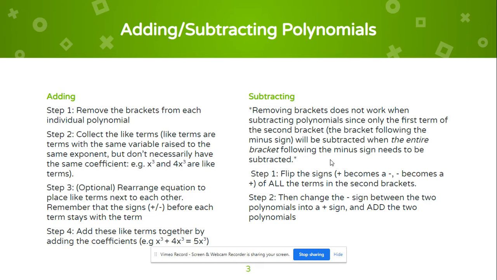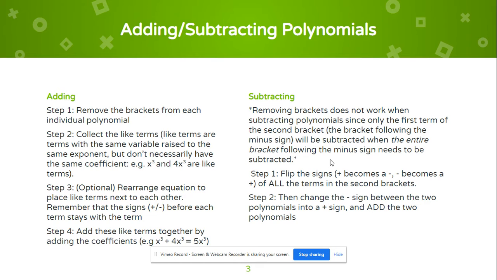So what we need to do is flip the signs of all the terms in the second bracket, or the second polynomial. By flipping the signs, I mean if the sign before a term is positive, we make it negative, and if the sign of that term was negative, it's vice versa: the negative term becomes a positive term. I'll show you exactly what I mean by this.